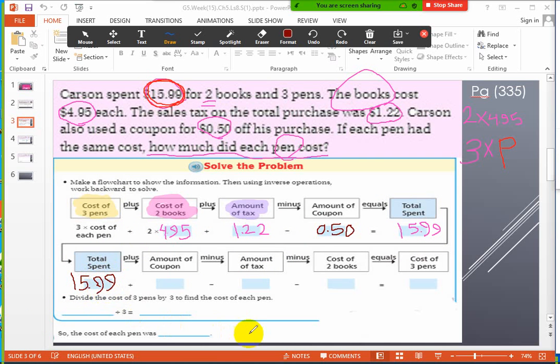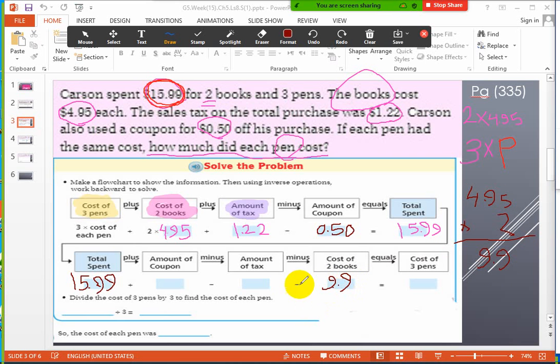First, I have to subtract from this number the cost of 2 books, which is 2 multiplied by 4.95. Try to multiply 4.95 by 2 to find the answer. Yes, I think Emma, you give me the right answer. It will be 9.9. Try to multiply it as we learned. It will be 9.9. Thank you, Emma.